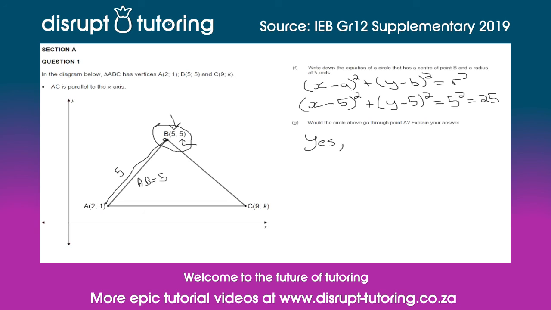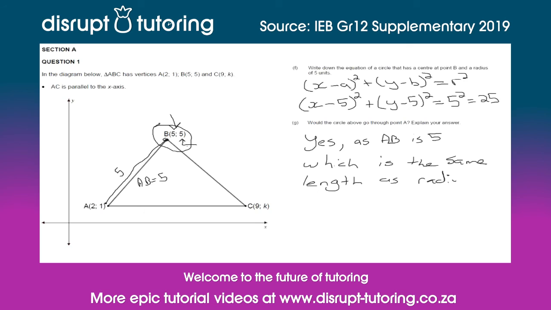So the answer is yes, and your explanation will be: as we know that AB is 5, which is the same length as the radius.